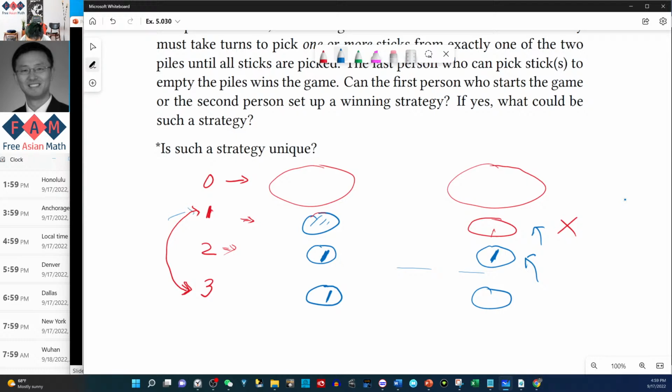But how about the other one? Well, clearly, because that's the case, this winning player did not pick that remaining one. Because if he did, he would be silly, allowing the other player to win. So he must have picked some sticks from the other pile. So we know the other pile had more than one.